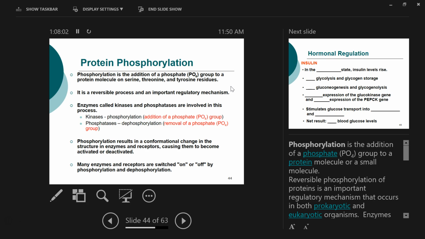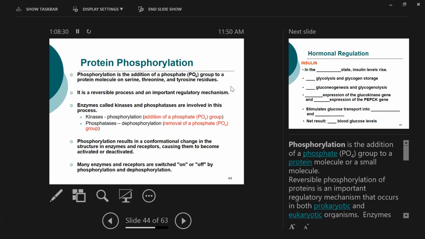And there are actually two different types of enzyme that catalyze the phosphorylation, or addition of a phosphate group to a protein, or the dephosphorylation, that means removal of the phosphate group from the protein, right? So phosphorylation and dephosphorylation are reversible.